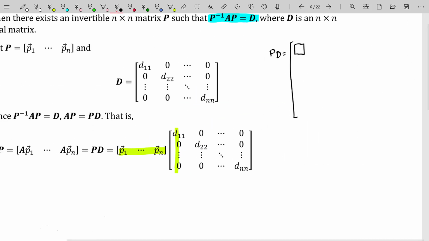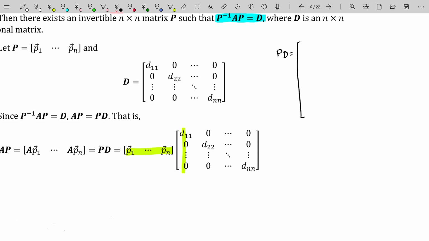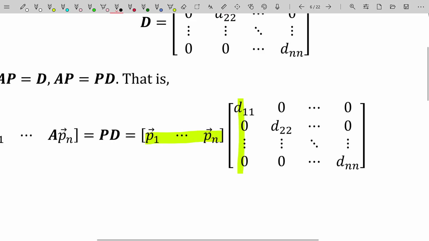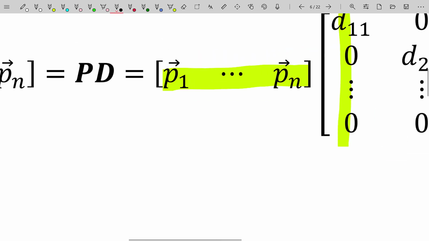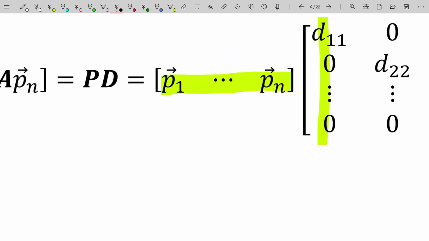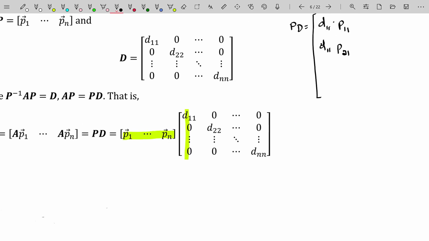So that first row, first column element in P times D is just going to be D11 times the first row, first column entry in P. Now, if you go to the second row, but first column, again, it'll take the second row of this matrix here. It'll multiply each entry in that second row by the first column of D, which turns off everything except for the first entry in that second row of P. And this process continues forward until you get all the way down to D11, Pn1.